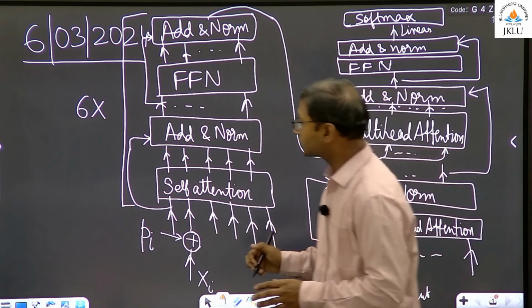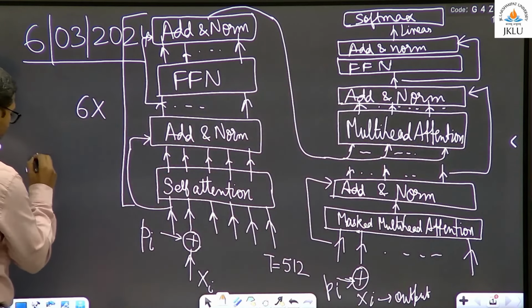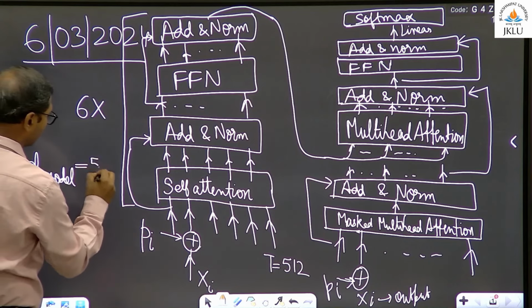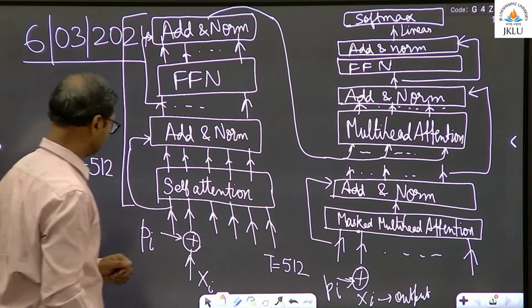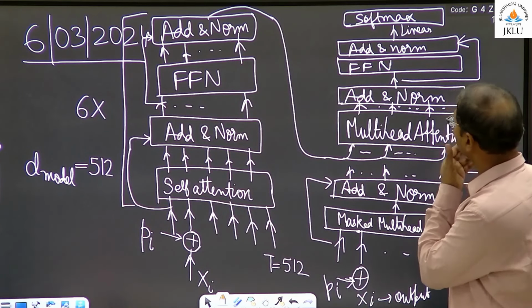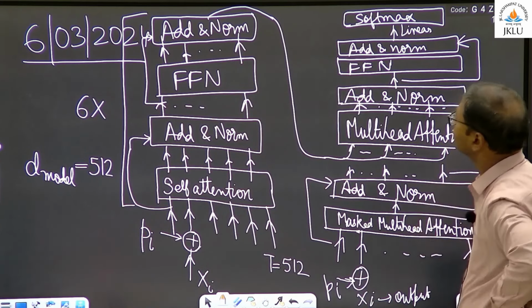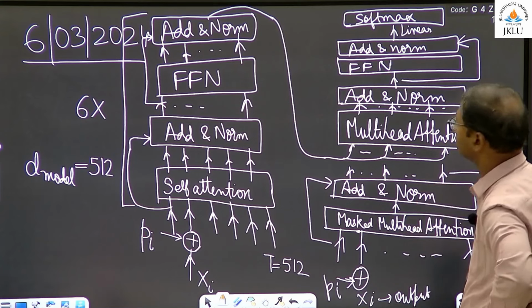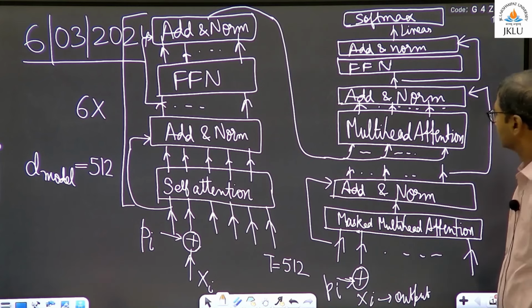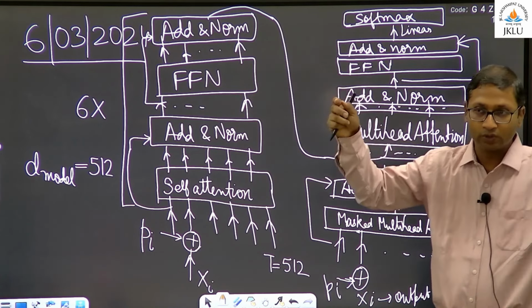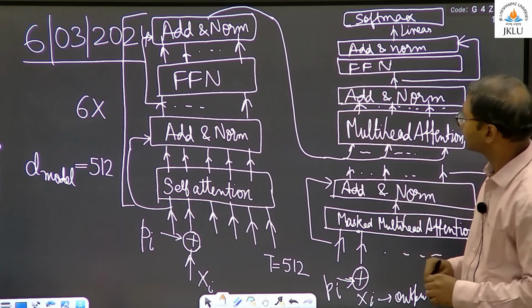See, this is also called D model. So right now for our examples we are keeping D model equal to 512. So this is the only point where we connect these encoders and decoders.